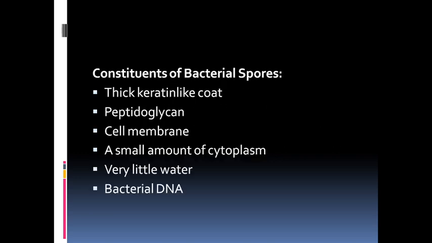What are the constituents of bacterial spores? A thick keratin-like coat, peptidoglycan, cell membrane, a small amount of cytoplasm, very little water and bacterial DNA. These are the constituents of a bacterial spore.